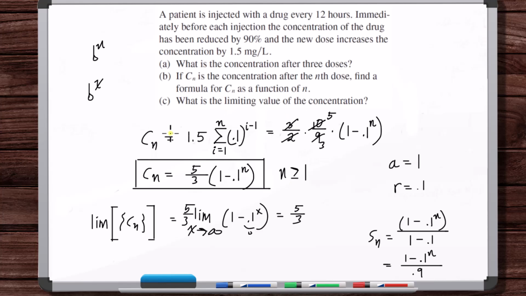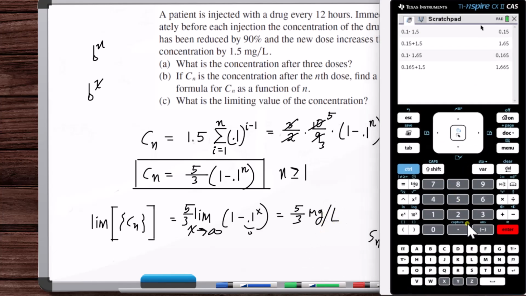That's the limiting value of the concentration. If you kept taking a dose every 12 hours, dose after dose after dose, there would be a limit. 5/3 is 1.67, so we were already getting close just after the third or fourth dose.